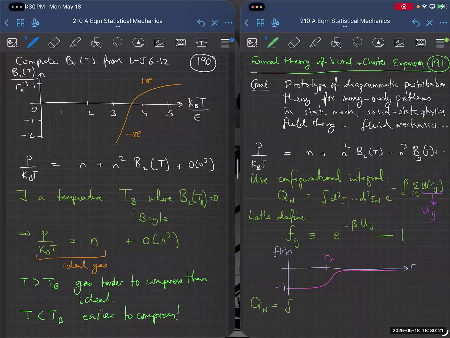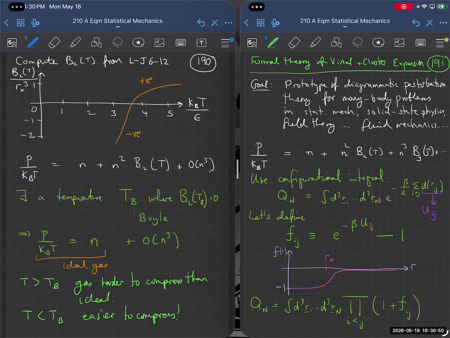It's the integral d^3r_1 up to d^3r_n, and then I've got the product over i less than j, going from 1 to n, of 1 plus f_ij.